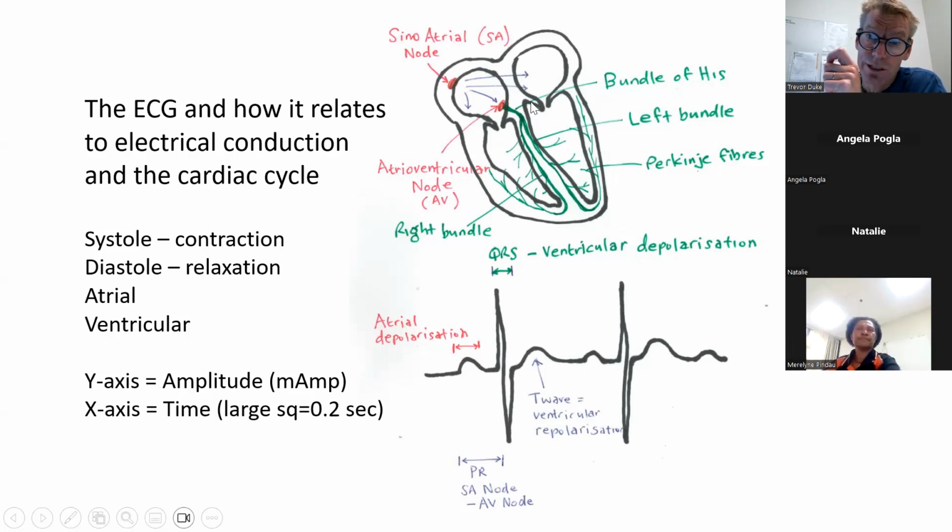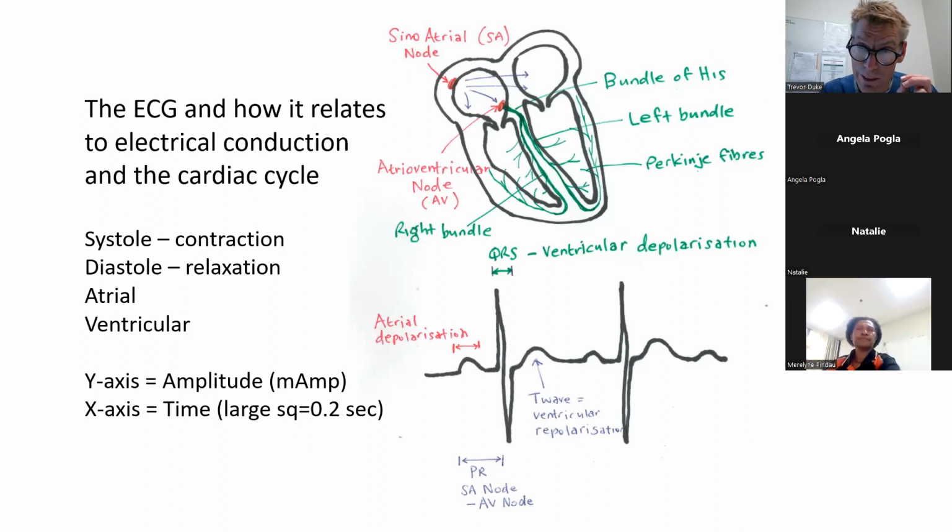And usually when you've got a supraventricular tachycardia, you won't see P waves, because the pacemaker cells that are firing off are usually very close to the AV node. If they're really close, there's not any distance the electrical impulse has to travel to get to the AV node.